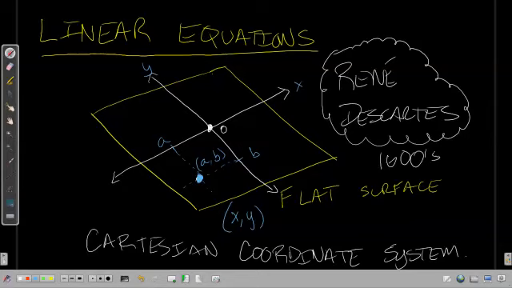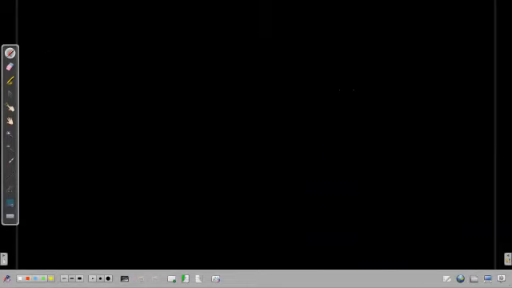And that's the Cartesian coordinate system. It's useful for an unbelievably high number of things.